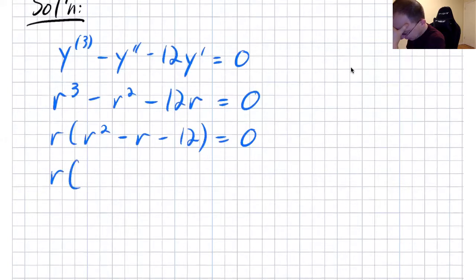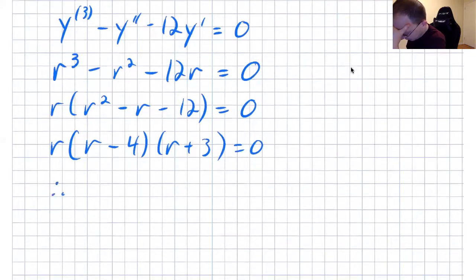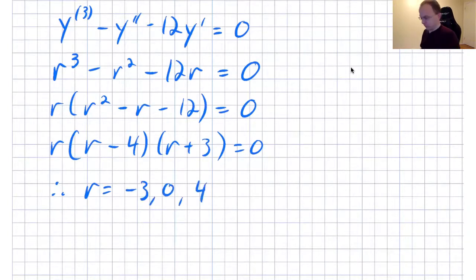And then we get, let's see, minus 4 plus 3. Okay, so therefore the roots are going to be, in order, I guess it's going to be -3 and then 0 and then 4. So those are the 3 roots.